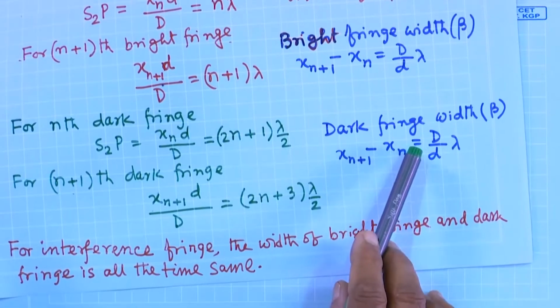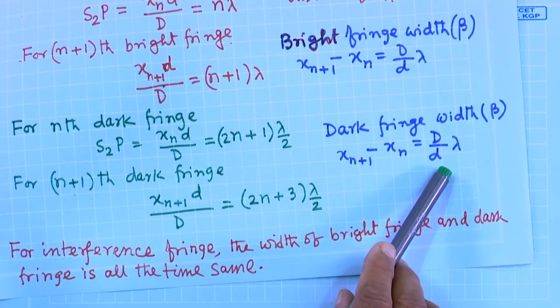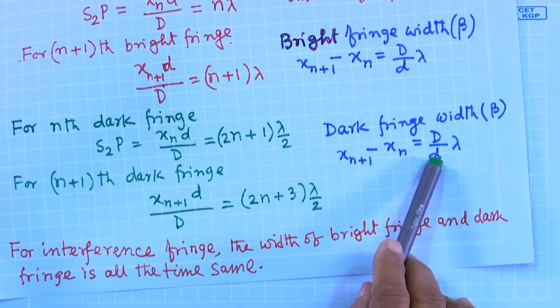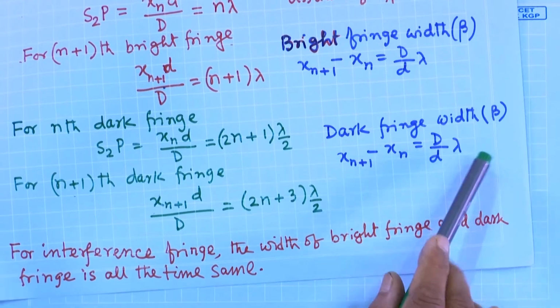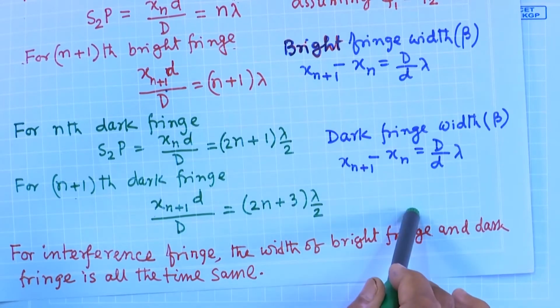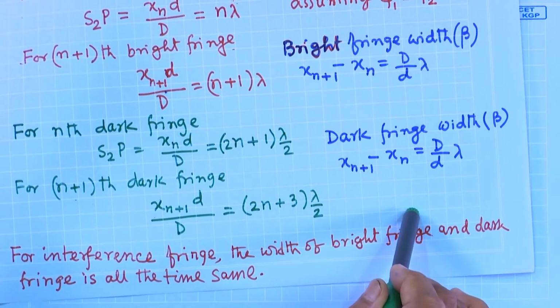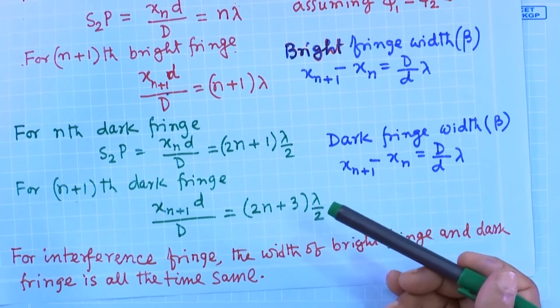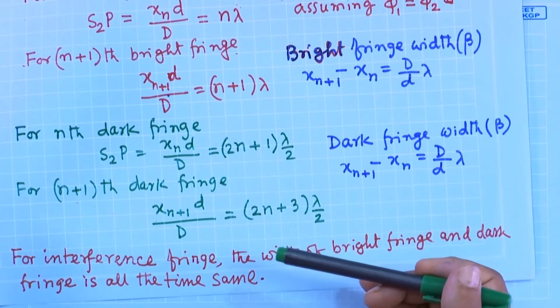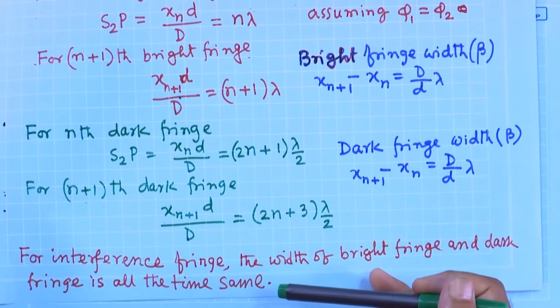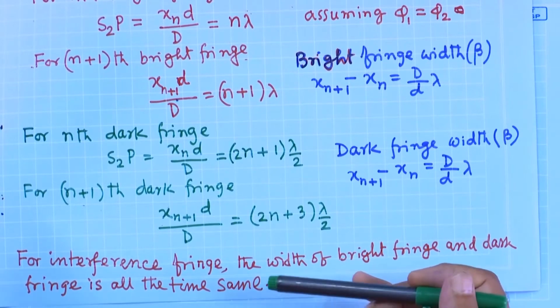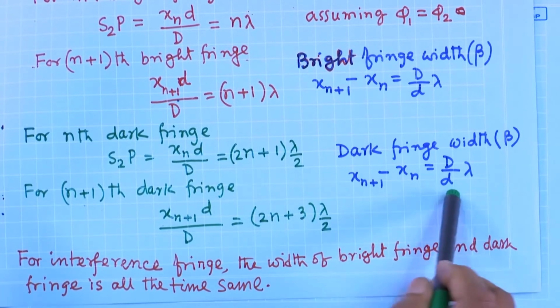So the width of this dark fringe will be capital D by small d lambda. So from here you can see that the fringe width, in general, can be the difference between two successive bright fringes, or the difference between two successive dark fringes.